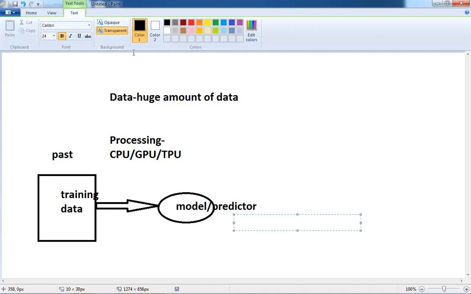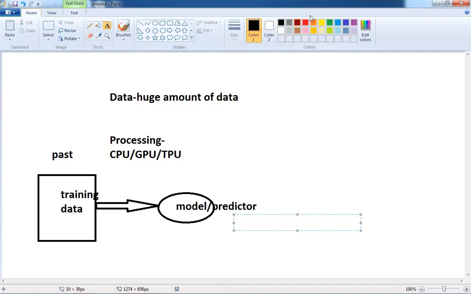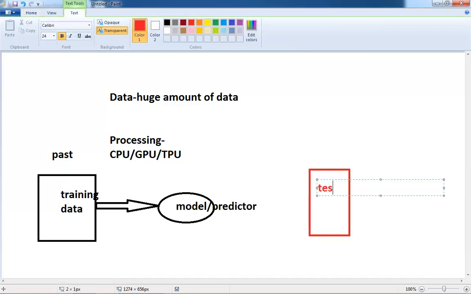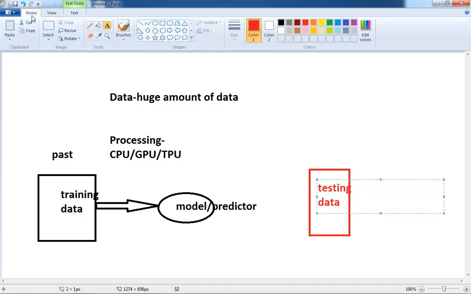I told you machine learning is about predicting the future based on the past. So the next thing is, I have a data set, or you can say it is testing data. Okay, and we will feed this testing data to our model or predictor, and then it will predict the things.